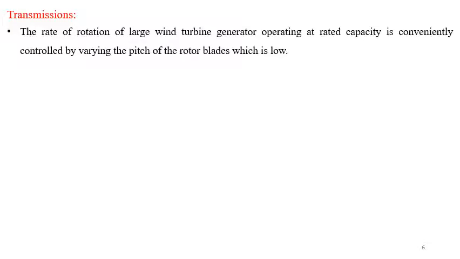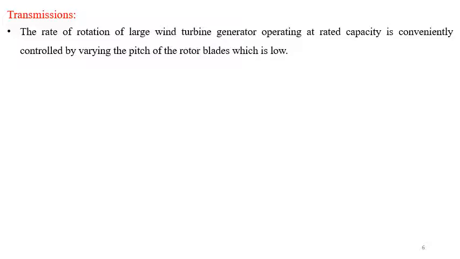Next important component is transmission, where the rate of rotation of large wind turbine generators operating at a rated capacity or below is conveniently controlled by varying the pitch of the rotor blades, but it is very low, about 40 to 50 revolutions per minute, which is called RPM.